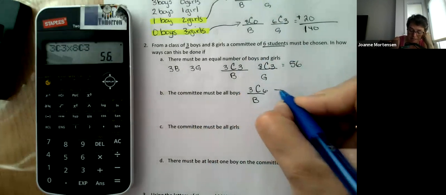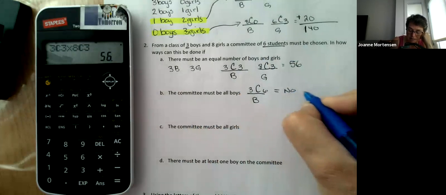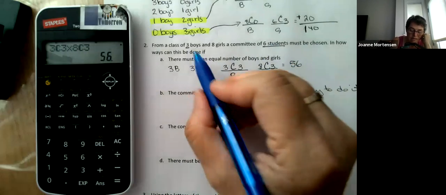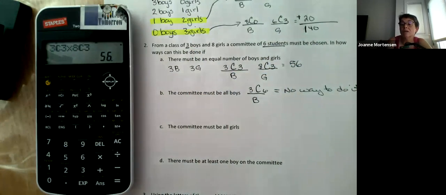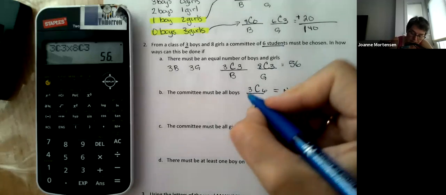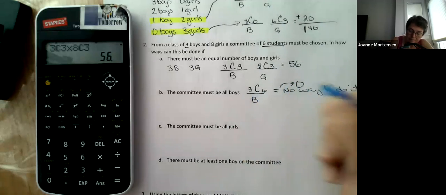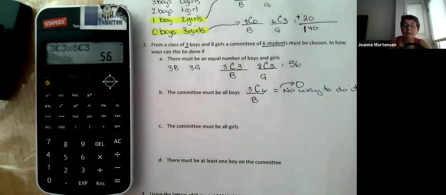Exactly, trick question. Because if you need 6 students and you have 3 boys to start with, that's really not going to work. So, 0. Sometimes I'll sneak that one in.